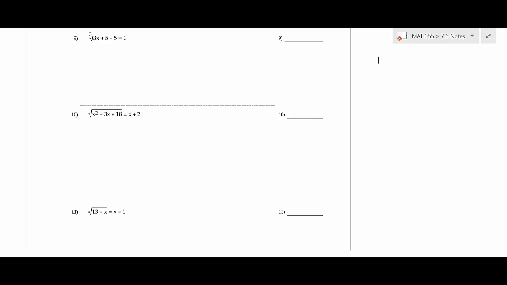That looks good. Let's see. Actually, the x is crossed out. Yeah, okay. That's good. Good. Well, that one, the x is canceled out.